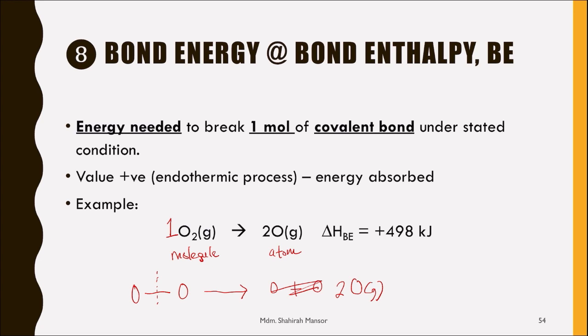The chlorine molecule is Cl2 gas, in the form of a molecule. For this bond energy or bond enthalpy, the energy will be absorbed by the chlorine gas molecule to form chlorine gas atoms.